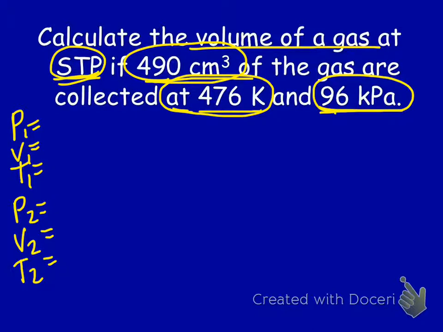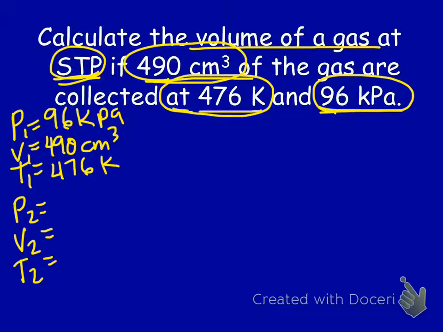So I can plug all those in for my P1, V1, T1. 490 centimeters cubed is volume, at 476 Kelvin, that's temperature, and a pressure of 96 kPa.